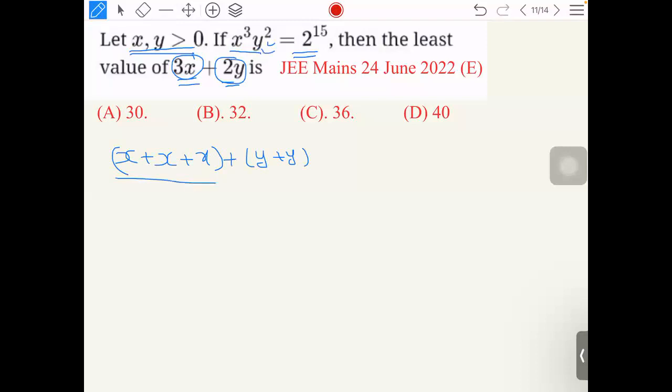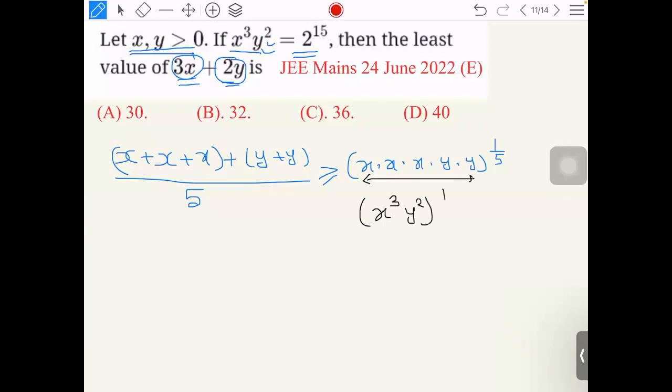This divided by 5 is more than or equal to the product x into x into x into y into y raised to 1 by 5. But this term is x cube y squared raised to 1 by 5, whose value is given to you as 2 to the power 15, raised to 1 by 5, or 2 raised to 3.